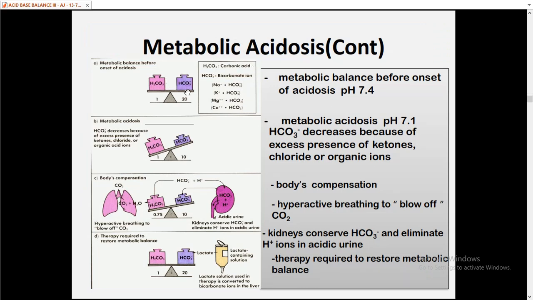So, in this case, this is the normal balance of our body with the ratio of 20 is to 1 bicarb is to carbonic acid at a pH of 7.4.